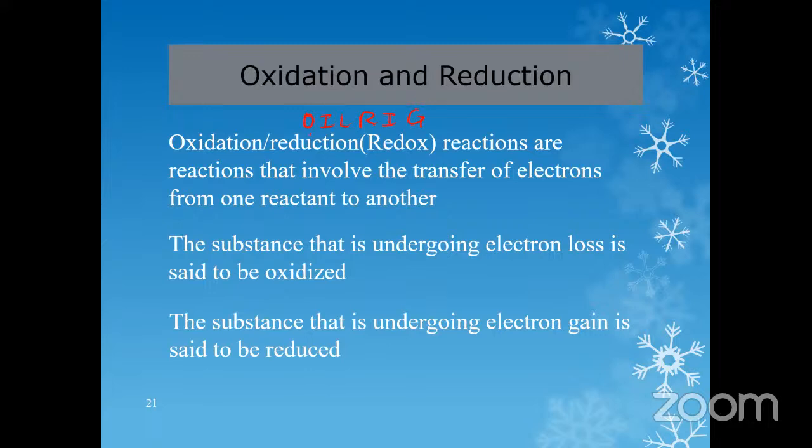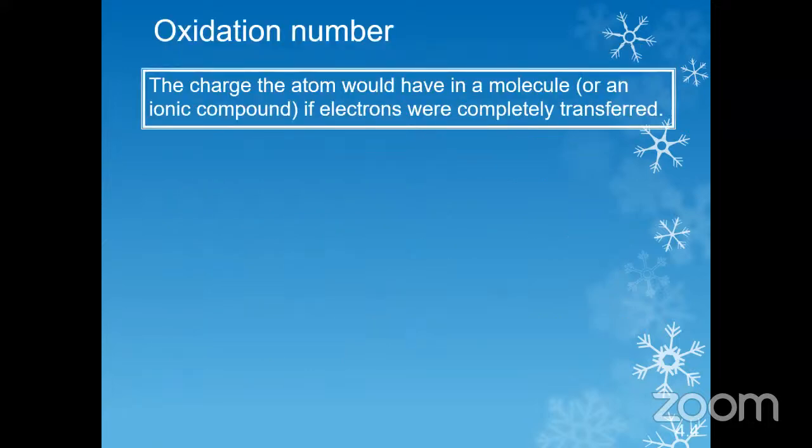Now, in order to fully understand what happens in a redox reaction, we need to understand the concept of oxidation number. In some textbooks, they call it oxidation state. Same thing. The oxidation number is specific to an atom in a molecule or an ionic compound.